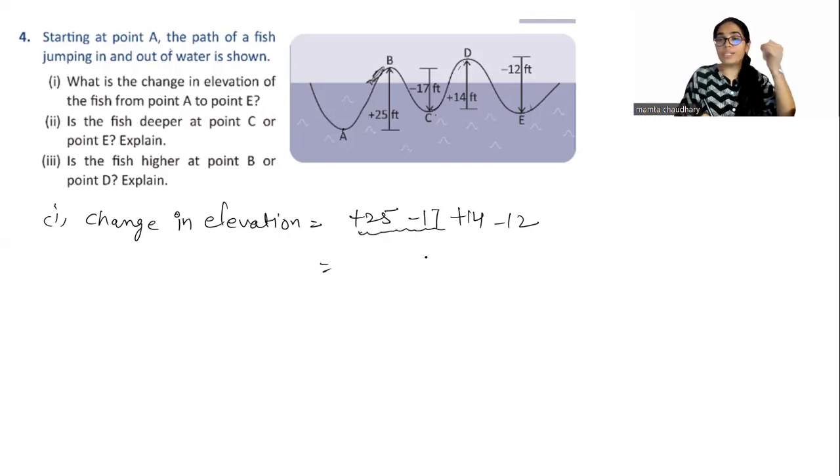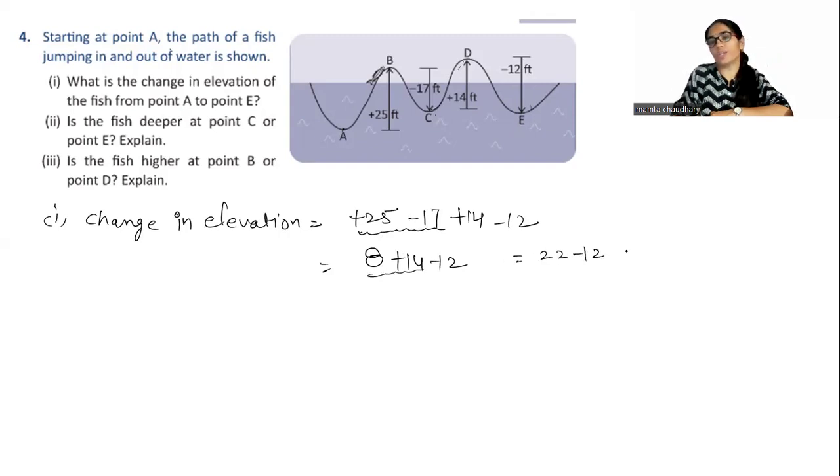So 25 minus 17 will be 8. Plus 14 minus 12. When you have more than one number, do it sequentially. Whatever comes first, you need to do that. Now 8 plus 14 is 22. 22 minus 12 is 10. And it is in feet.